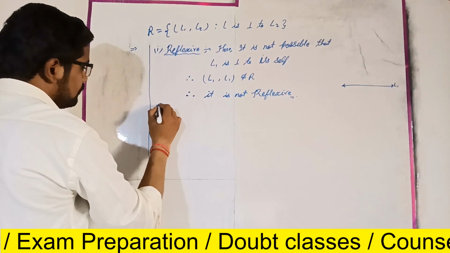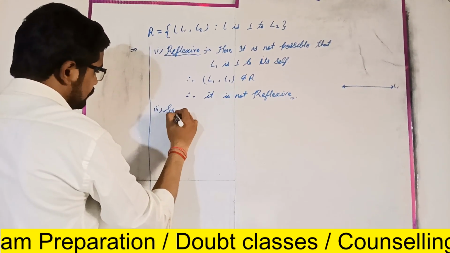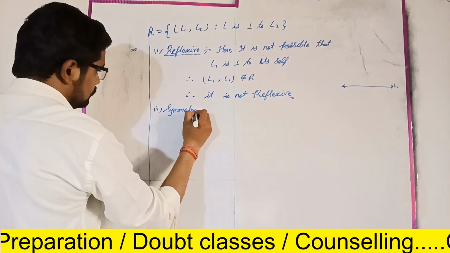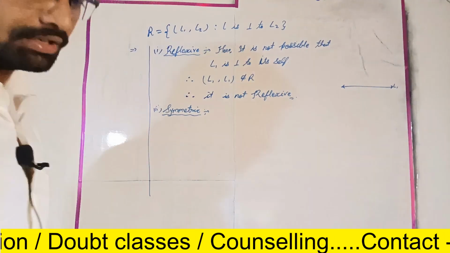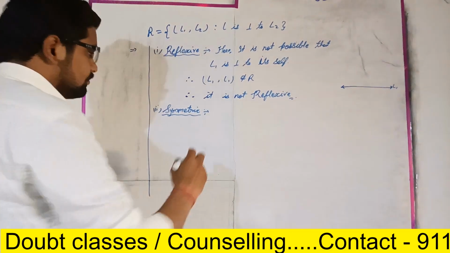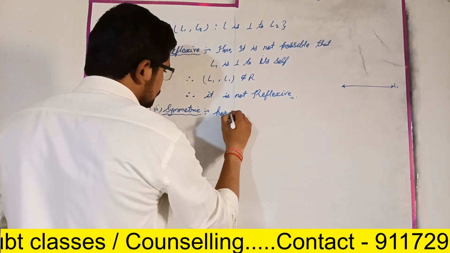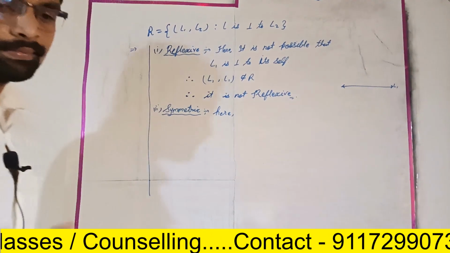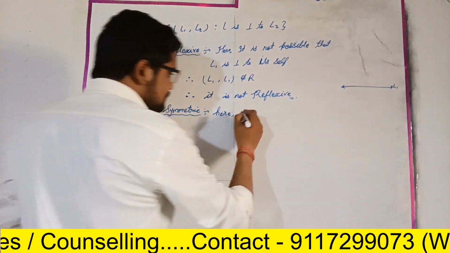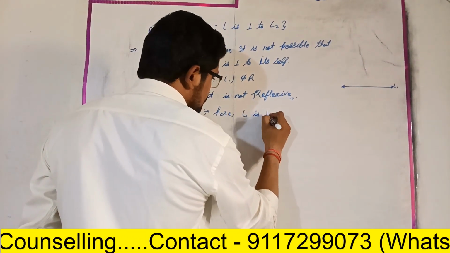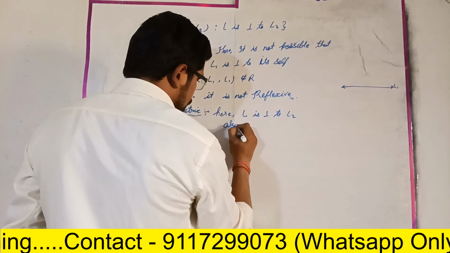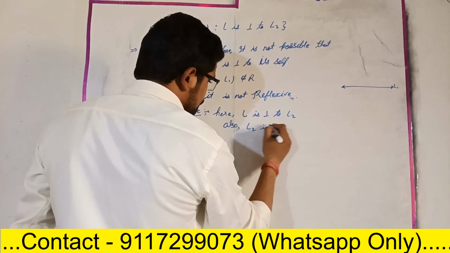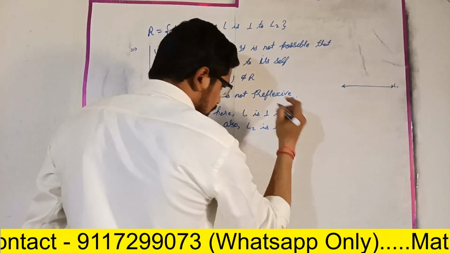Now we will do for symmetric. So here we will write that L1 is perpendicular to L2, and also L2 is perpendicular to L1.